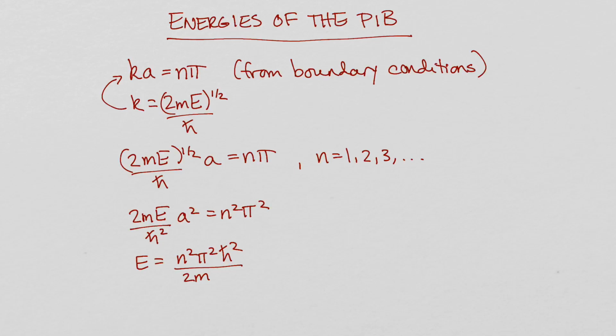And you will also see energy, I would say probably more commonly, in the form of just Planck's constant. If you plug in your conversion for h bar to h, you should pause the video and do this for yourself and see if you end up with the following result: h squared n squared over 8 m a squared.